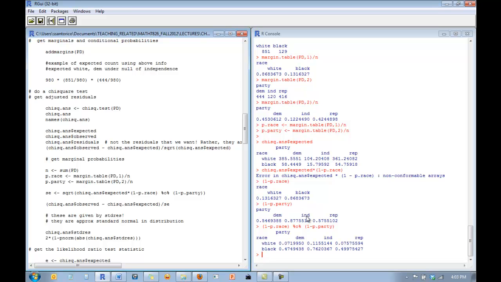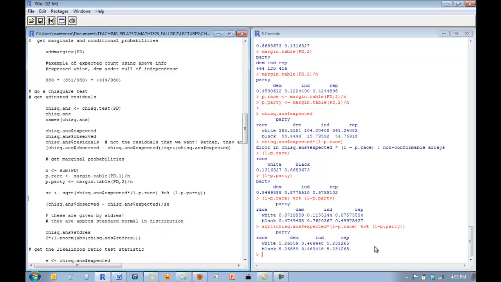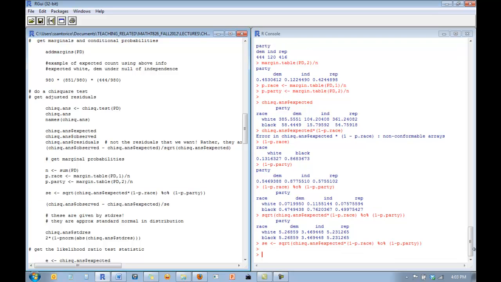It's multiplied that for independent, put it down here, and multiplied that by Republican and put it right there. So you've got the cross tabulation of 1 minus white, 1 minus Democrat in the cross right there. And then I took the square root. So this whole thing that I've just highlighted gives me all of the standard errors that I need. What's nice is this one command calculated all of the standard errors for all of the cells.